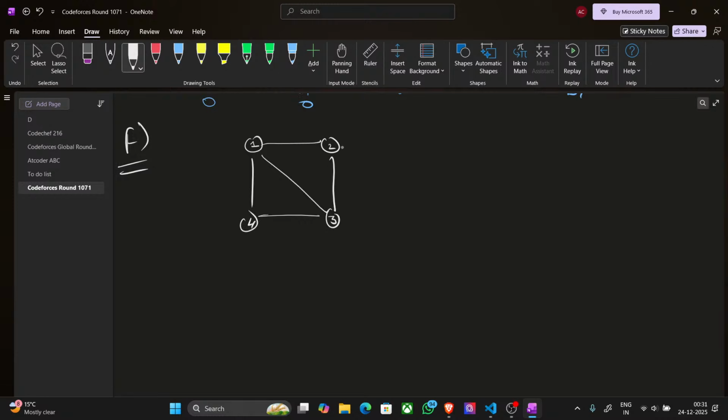Now you can be on any other vertex. Let's say 2. Blackslack is standing on 2, and he wants to go to 1. But he cannot see the node he's currently standing on, and he cannot even see the node numbers of the neighbors of this particular 2.